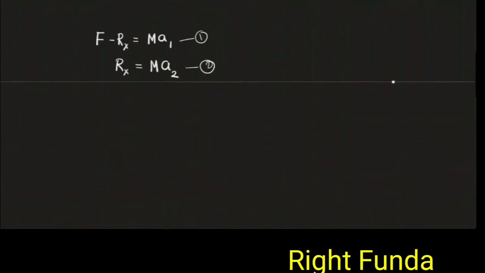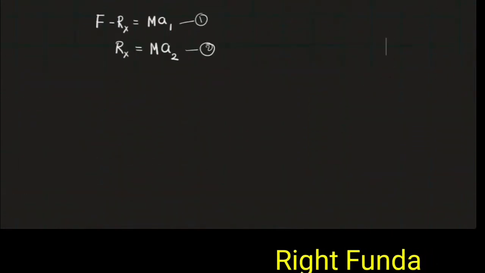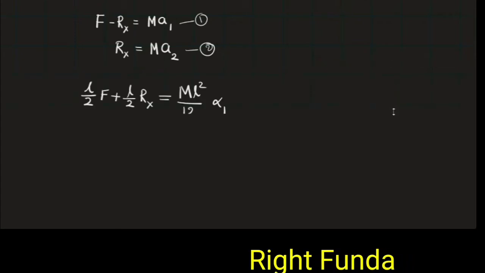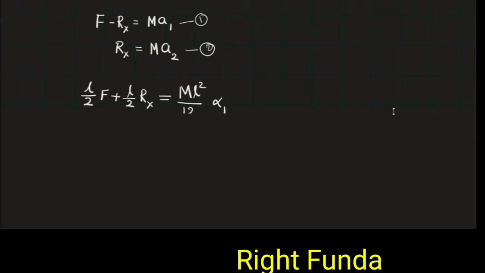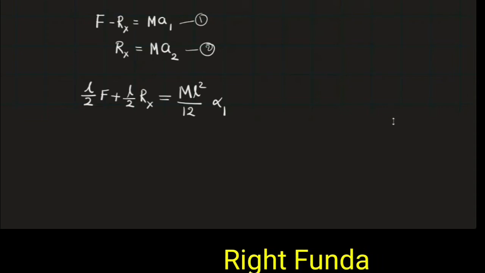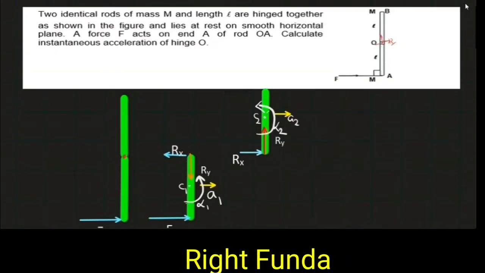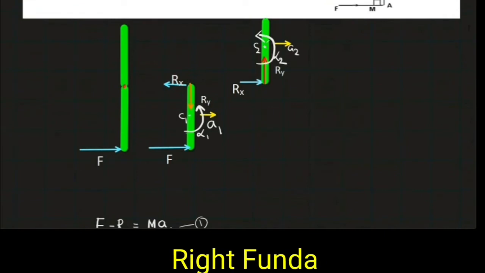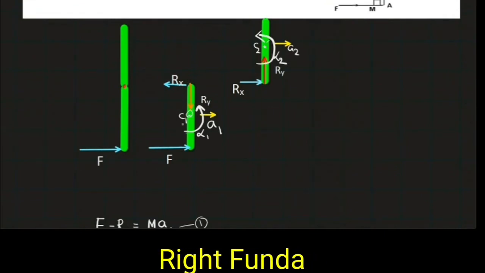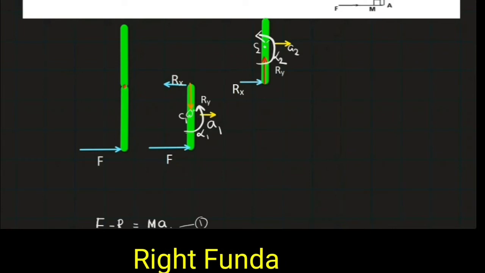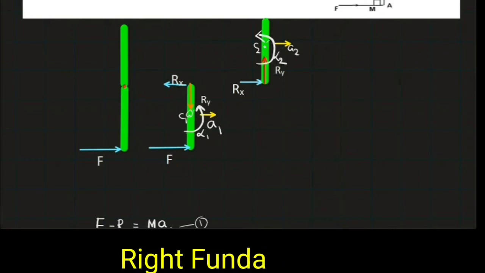If I take clockwise as positive, in the first rod, L by 2 into F plus L by 2 into Rx is equal to the moment of inertia of the rod about its center of mass into alpha 1. We are taking torque about the center of mass, so L by 2 into F plus L by 2 into Rx, both clockwise, equals the moment of inertia of this rod, M L square by 12, into alpha 1.